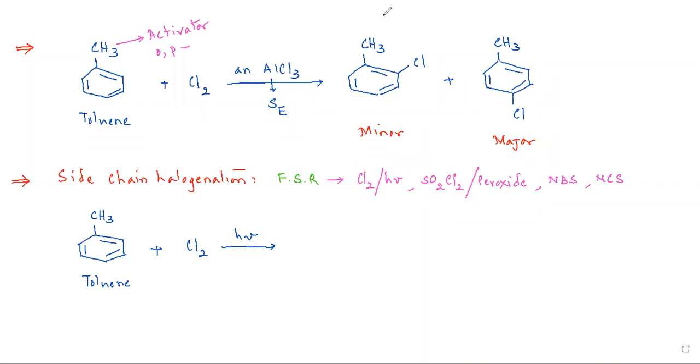See, in all these cases, this carbon is benzylic carbon, right? And the hydrogens are benzylic hydrogens. With chlorine in the presence of sunlight, we get CH2Cl. This is called benzyl chloride.